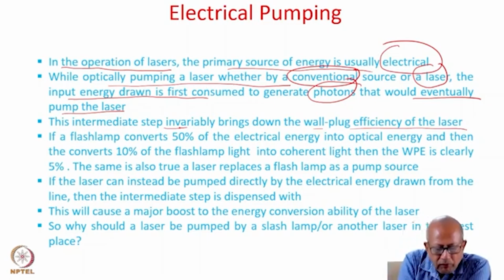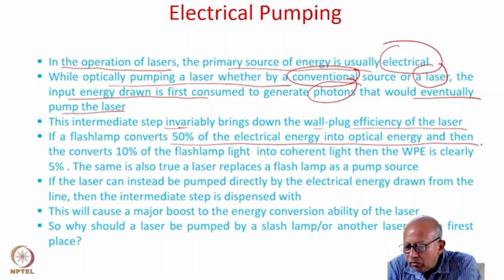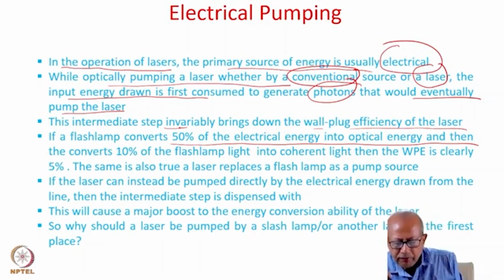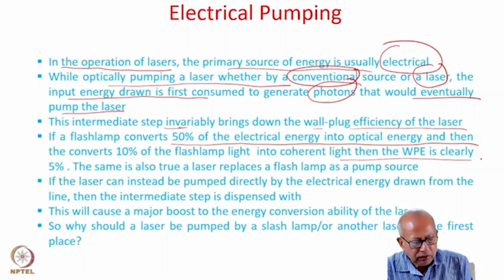For example, if the flash lamp converts 50% of the electrical energy into optical energy and then converts 10% of the flash lamp light into coherent light, then the wall plug efficiency is clearly 5%.